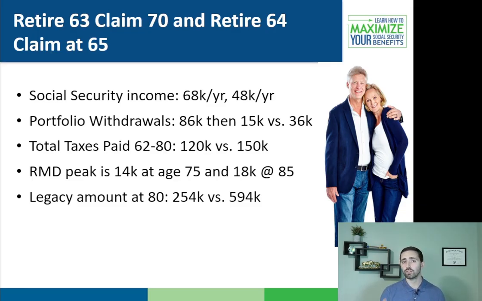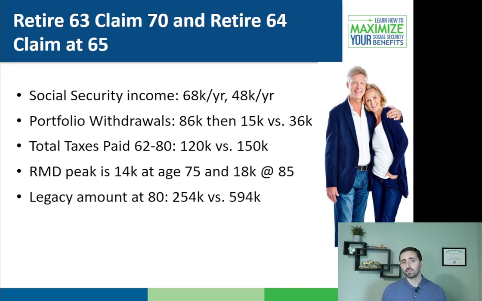Since they're withdrawing $36K, that $18K is already part of the process, as well as that $14K. Even if it's close to that $15K, we're still in good shape because we're under that threshold. So something to look at for your own plan for sure. But in terms of John and Mary's examples, they don't have to worry about RMDs too much.